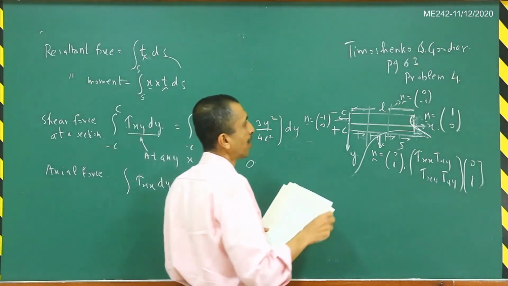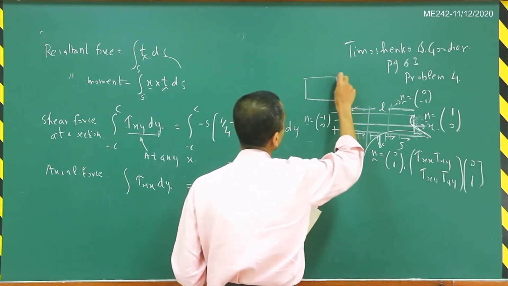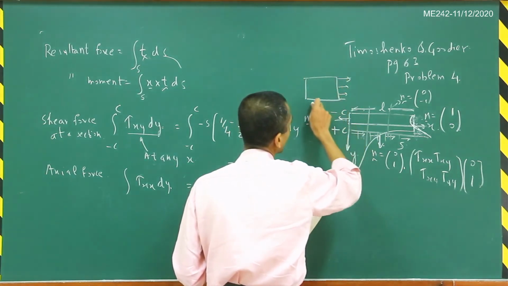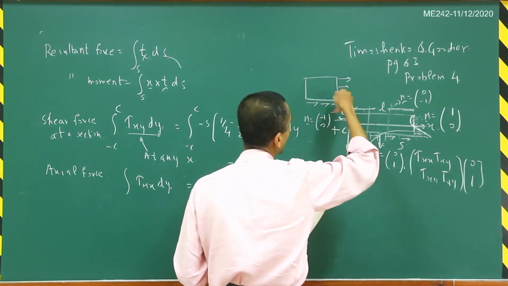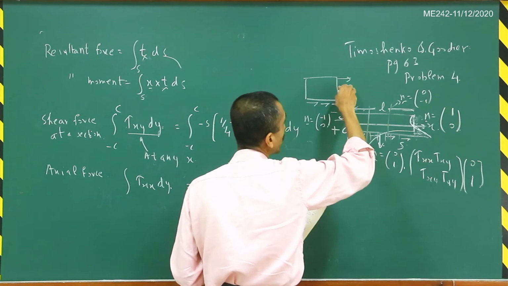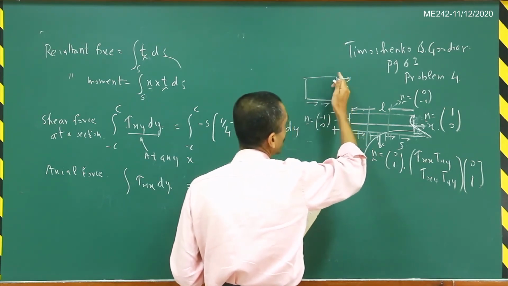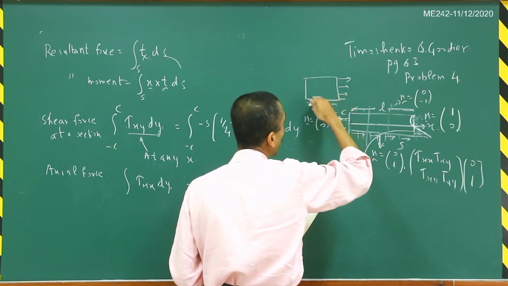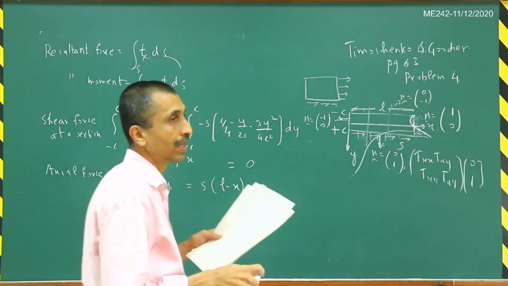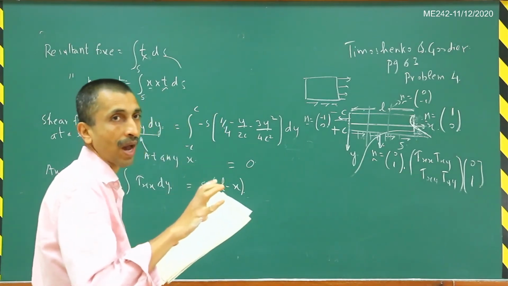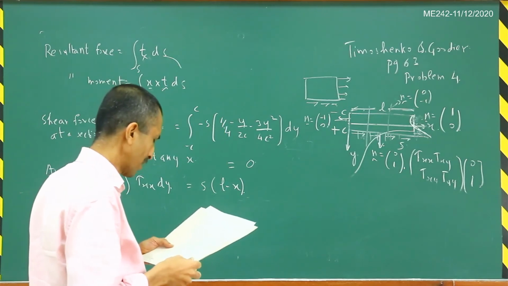If you draw the free body diagram of this, it is like this now. The moment due to the axial stress is balancing the moment due to this shear. And so finally any particular subpart of this body is in equilibrium. That is what we require.